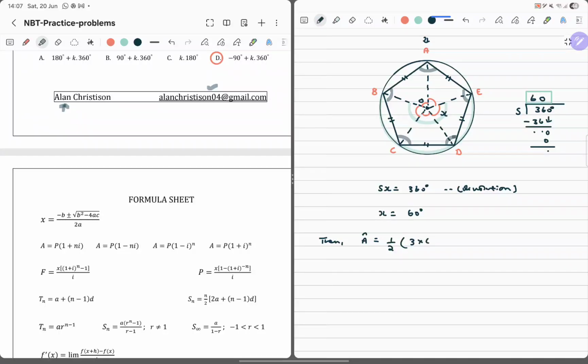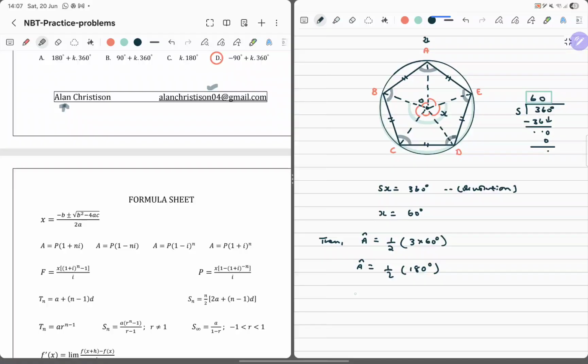So 3 times 60 degrees. 3 times 6 is 18, so this is 180 degrees.